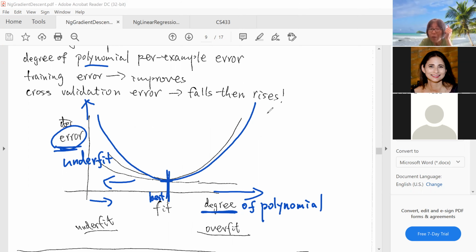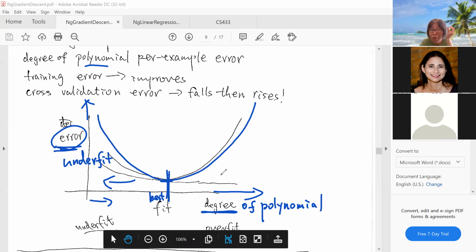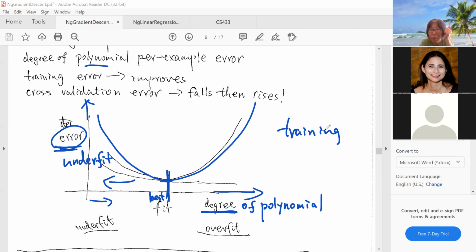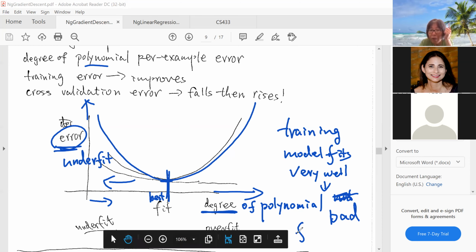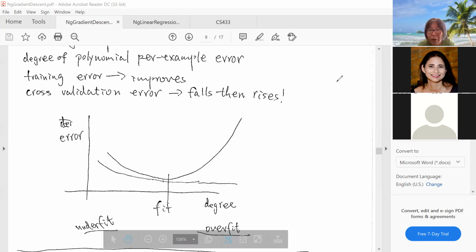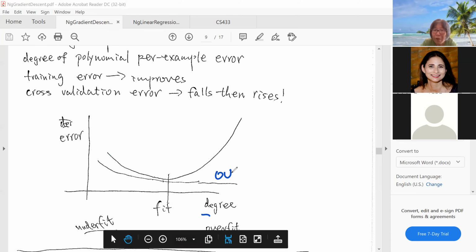And if you make your polynomial model quite complicated, then you will also find a problem: the training model fits very well, but the performance will be bad for real testing. In this kind of case, we call it overfit.